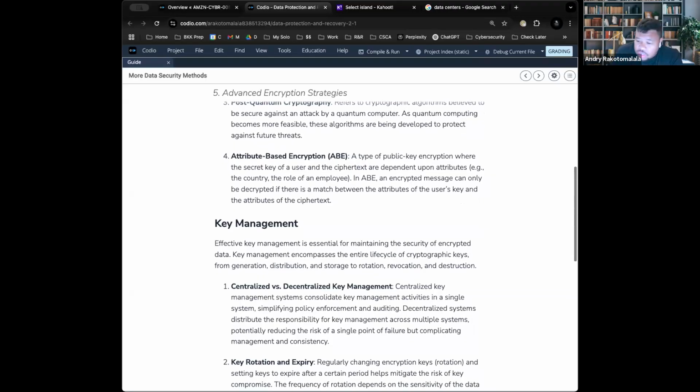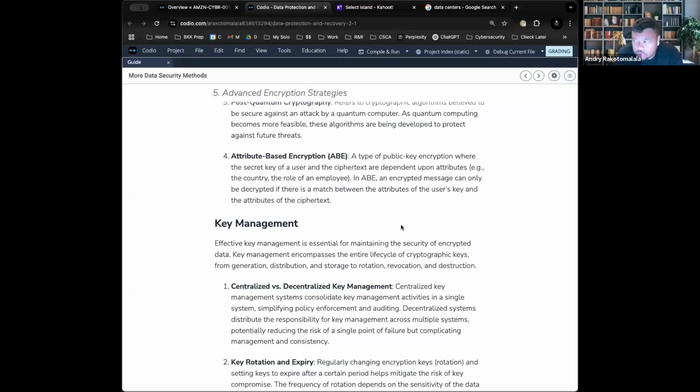And then there's something called an ABE. An ABE stands for attribute-based encryption. So this is a public key scheme, meaning the secret key of the user and what we call a ciphertext are dependent on an attribute.